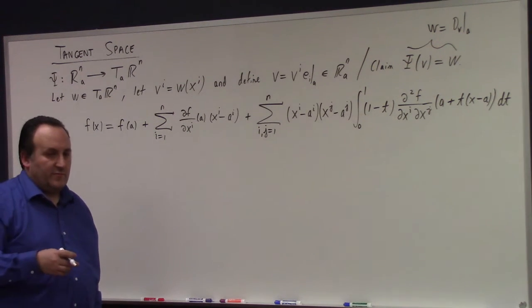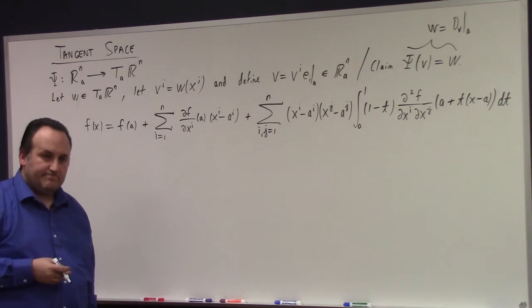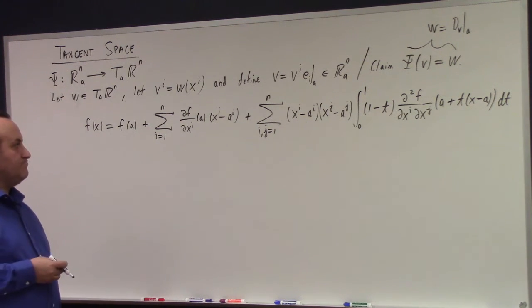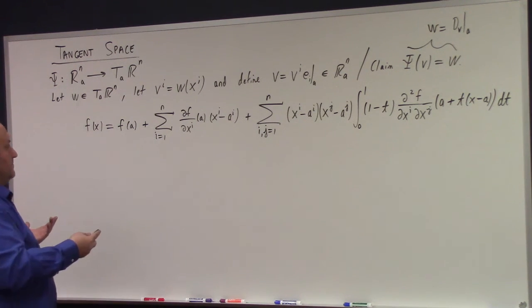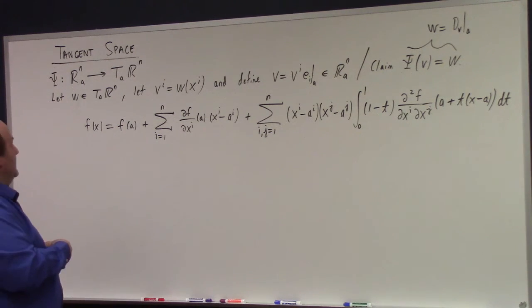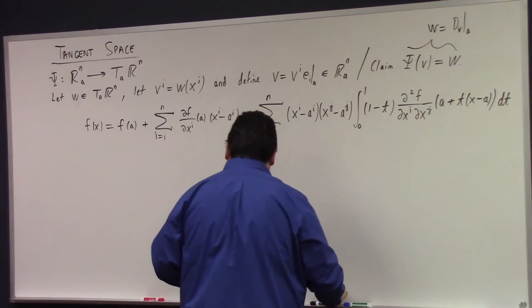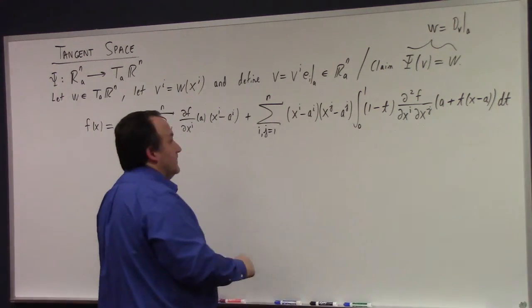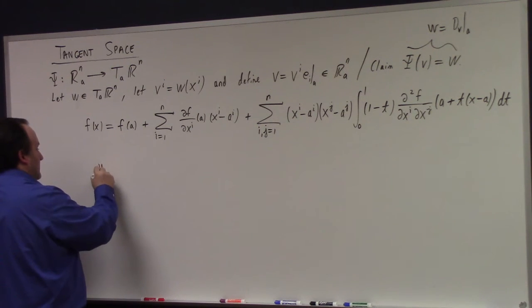I think that this theorem breaks down if f is not smooth. This is the problem. Okay. So anyway, check it out. If you look at this expression, what happens if we hit w on this thing? Like what's w of f equal to?